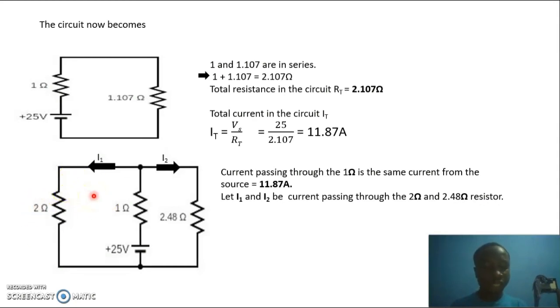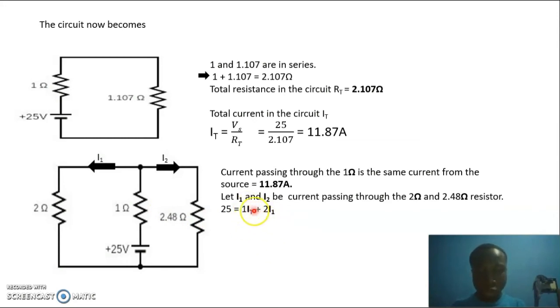Then we can deduce an equation for it by taking this loop at a time. So we are taking this loop, look at my cursor, this loop alone. So we are using the voltage drop, which is the voltage from the source equal to the summation of all the voltages across the loop. So our 25 volts will be equal to the voltage across the 1 ohm and the voltage across the 2 ohm.